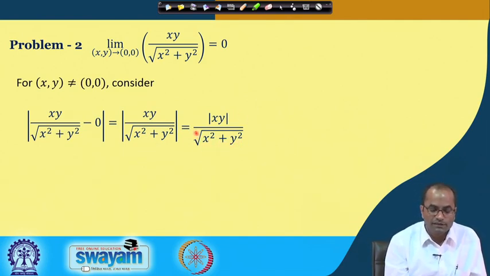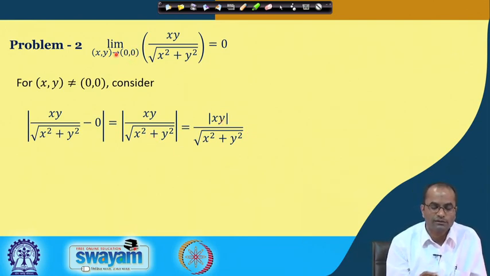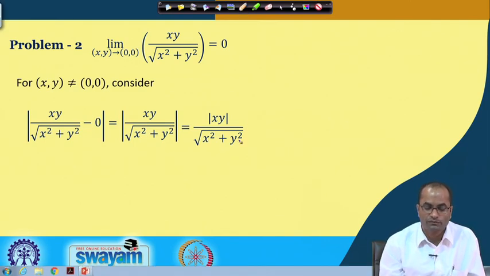Now the aim is the same: we want to write down everything in terms of the neighborhood inequality, which in this case, because we have the (0, 0) point, will be the square root of x square plus y square.